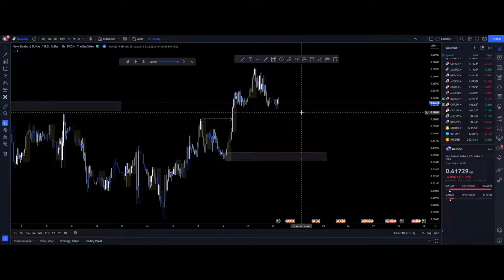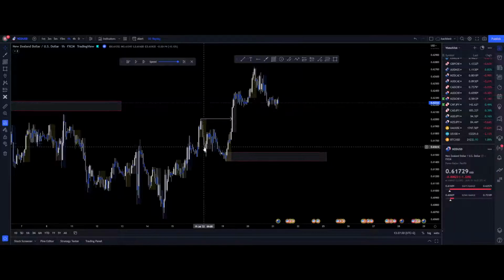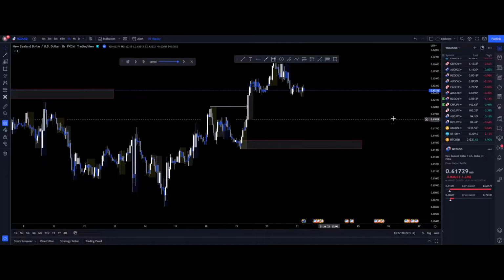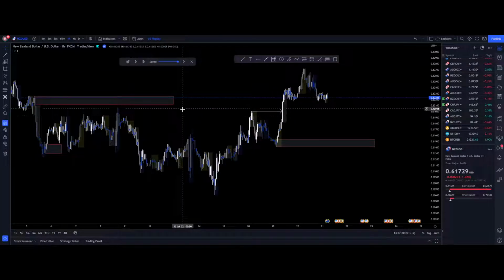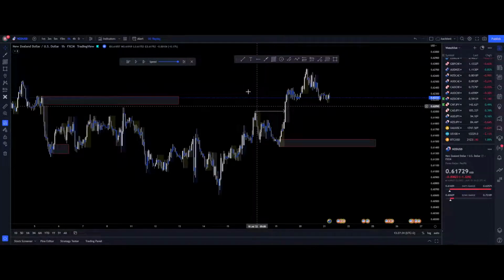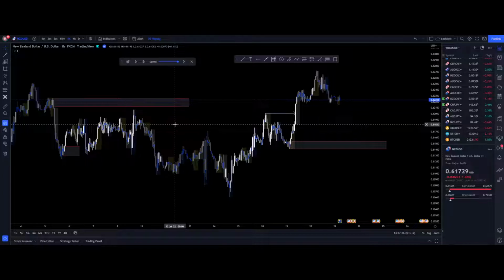But right now I'm trying to get all of the things I learned in mitigated zones, liquidity, supply and demand, sessions, basically everything. I put all of that into a strategy, break and retest as well, those kind of things. It's really hard, I think, for a starter to focus on everything because you have so much information. But that's not really a problem.